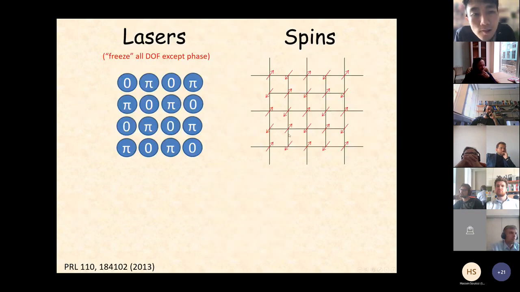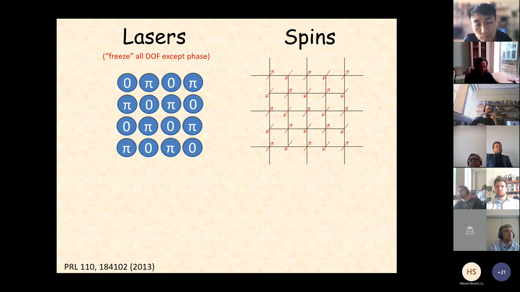Okay, so I come back to this question: what is the relation between the phase of the lasers and these XY spins? In order to answer that, I want first to make a simplification, and the simplification is to look at each laser, which is a rather complicated creature. Lasers have many internal degrees of freedom.